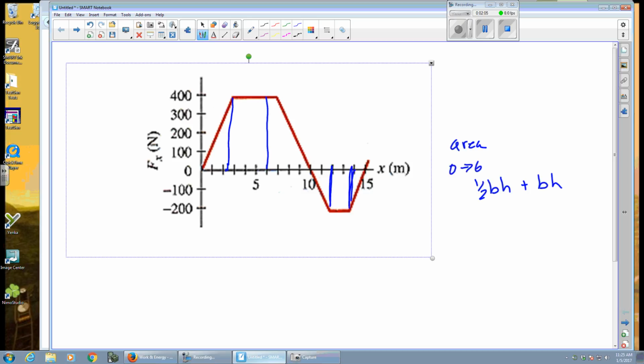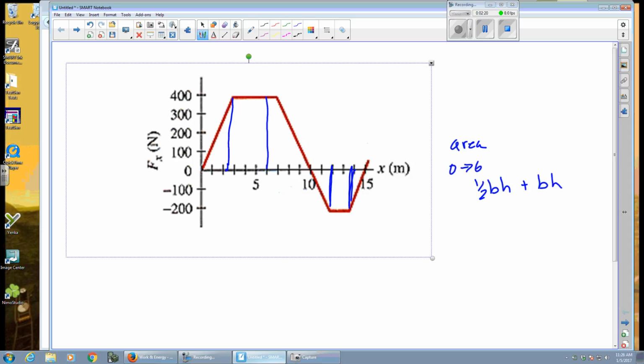This one I would say is 2. Okay. So it's not a symmetric trapezoidal type shape. Yeah, trapezoidal. So it was probably just that.